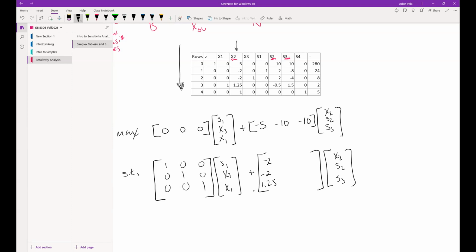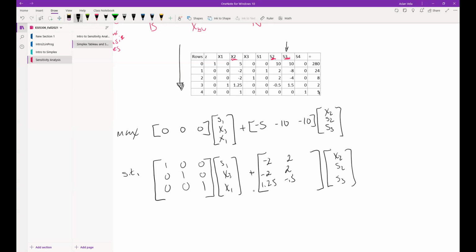Right. For the next constraint, we go over to the variable s2 and we just read down the columns. So here we have 2, 2, -0.5. And then finally, this last one, we have S3.